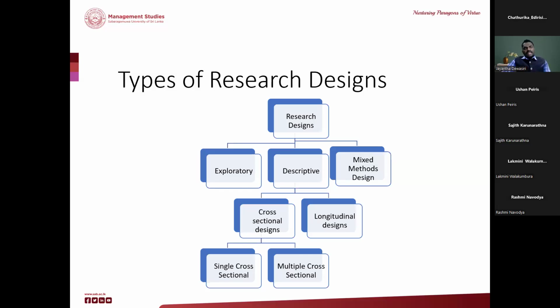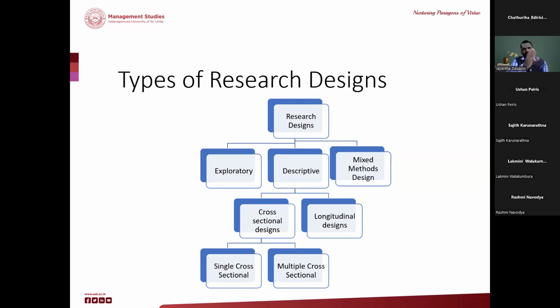The first half of the session is devoted to research designs, to explain what are the research designs we can see under the quantitative and mixed method designs. In the second part, I'll touch upon the rationale for such designs.